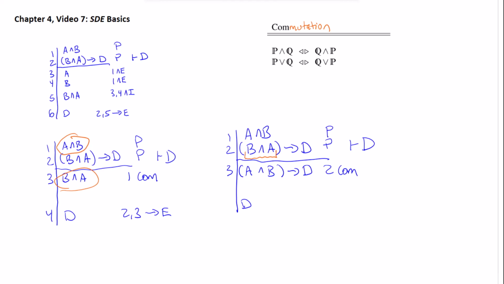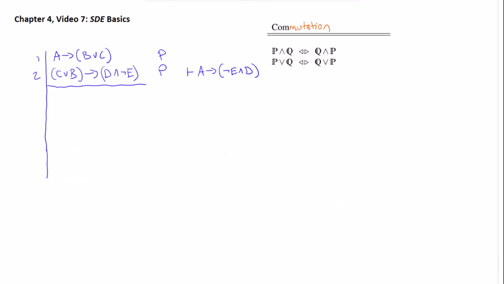Now, line 1 matches the antecedent of line 3, so our justification in arriving at D in line 4 is 1, 3, arrow elimination. So it's not a big deal for this simple derivation, but that ability for us to affect interior parts of lines is going to be a game changer for certain complicated derivations. I'll show one last example with commutation and then introduce the rest of the rules.